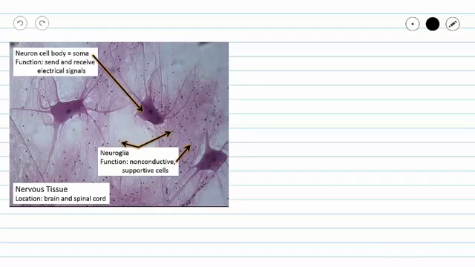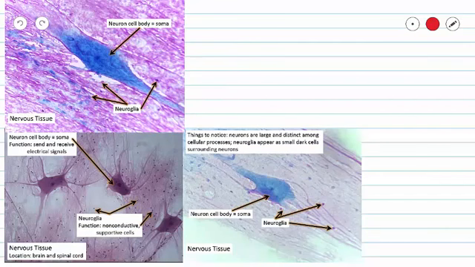So here we have a nice summary slide, and it emphasizes that our neurons are going to be different from our neuroglia. So they have different functions. However, our location is going to be the same for our neurons and our neuroglia. Here's a couple of different slides.